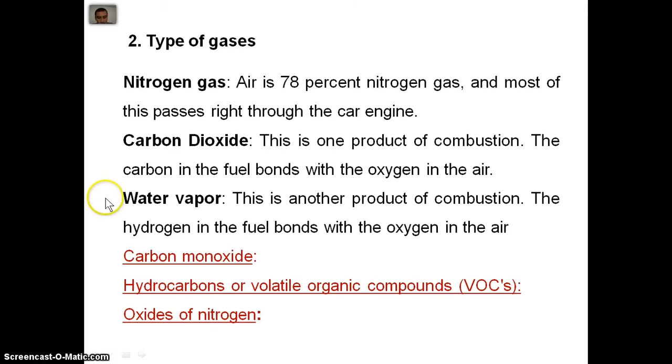Okay, for example, the carbon monoxide. Carbon monoxide is a poisonous gas that is colorless and odorless.